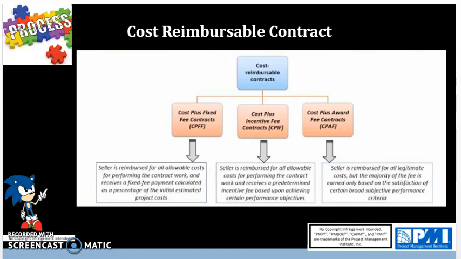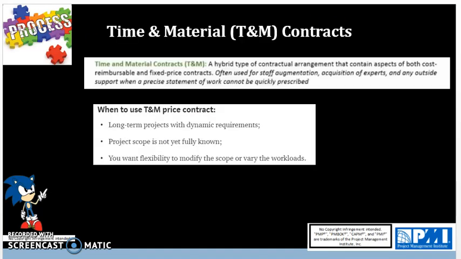So those are the various types of contracts. There's one more we'd like to cover, and that is going to be the time and material contract. In this type of contract, the buyer pays on a per hour or per item basis, and time and material contracts are frequently used for service efforts in which the level of effort cannot be defined when the contract is awarded.